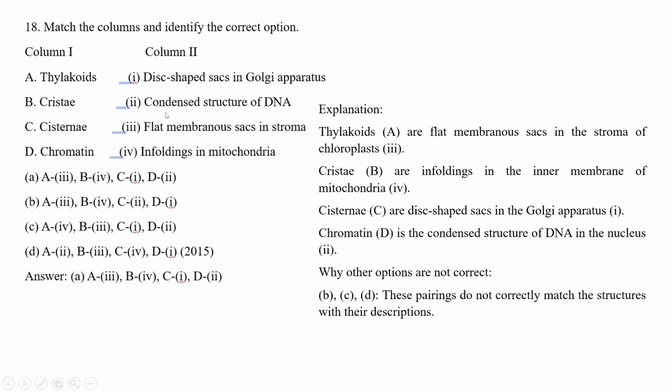Thylakoids are flat membranous sacs in the stroma of the chloroplast, cristae are infoldings in the mitochondria, cisternae are disc-shaped sacs in the Golgi apparatus, and chromatin is the condensed structure of DNA in the nucleus. If you match them correctly, just read the explanation carefully, and it will help you very much in answering this type of question. So let's move to the next question.